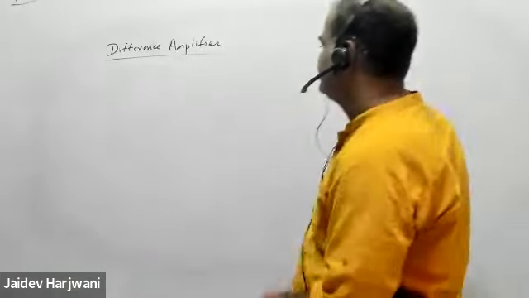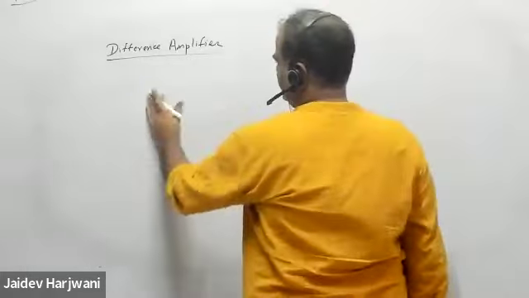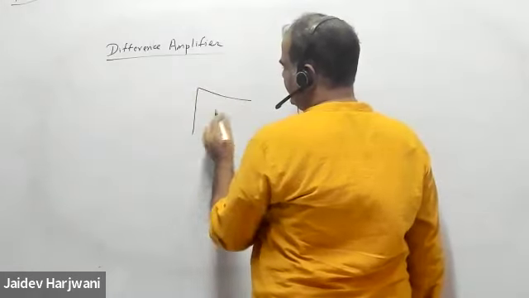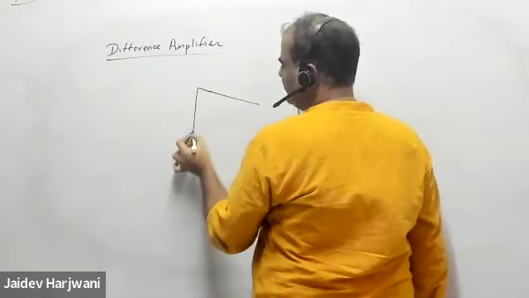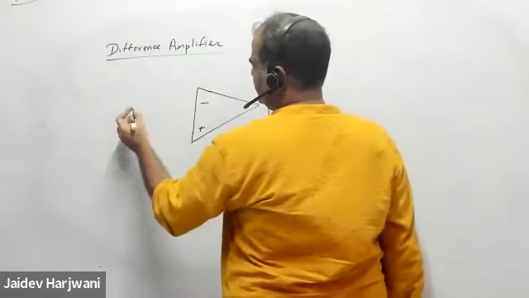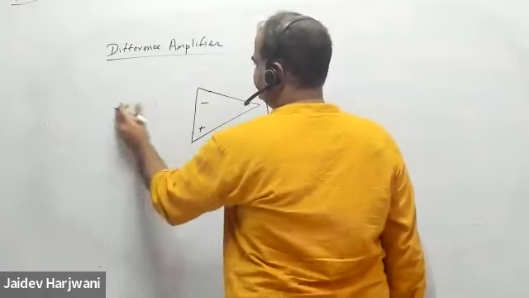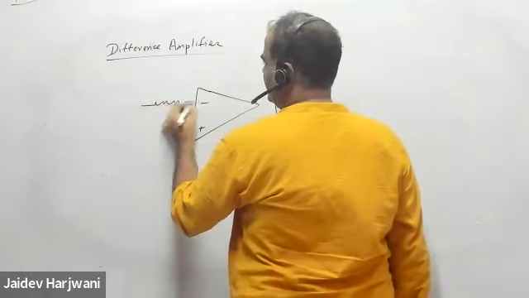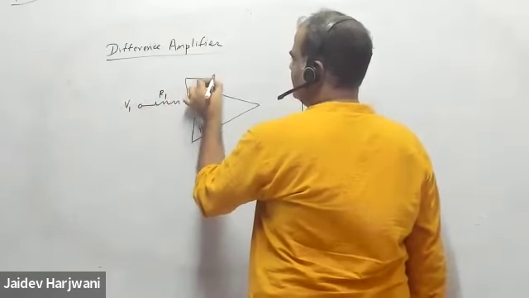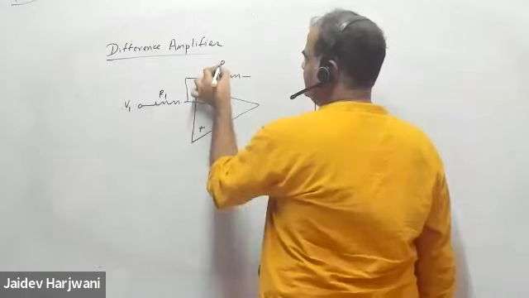Now let us say difference means now you will apply a signal at both the terminals. So this is your minus, this is your plus. Here I'm applying say V1, say this is R1, and this is RF.